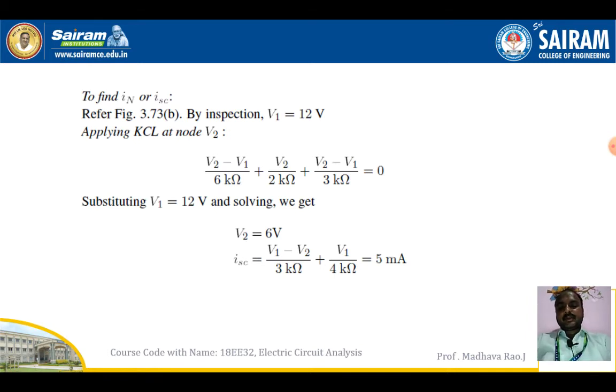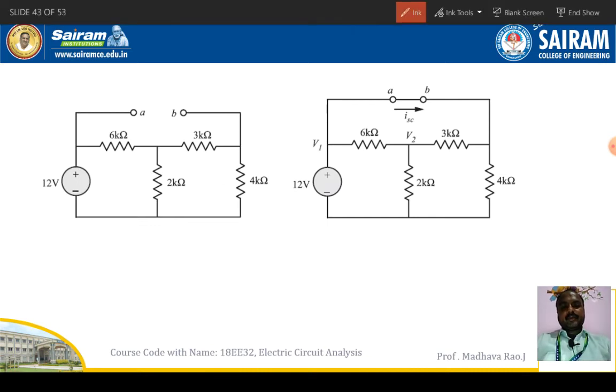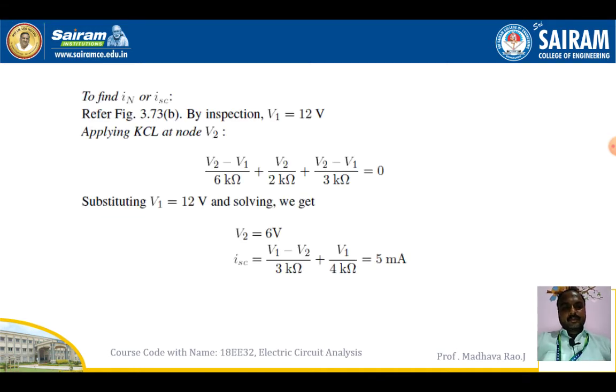V1 and V2 are marked as nodes, and we are finding the current flowing in ISC. So (V1 minus V2) divided by 6 kilo ohm, and V2 by 2 kilo ohm plus (V2 minus V1) by 3 kilo ohm equals 0 we will get.